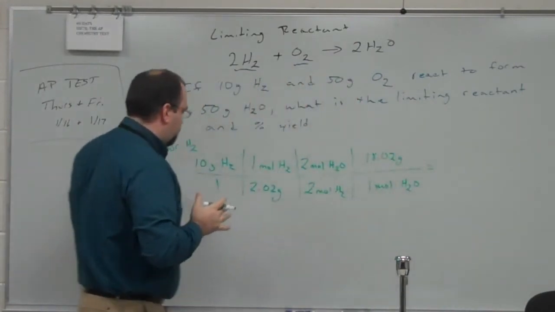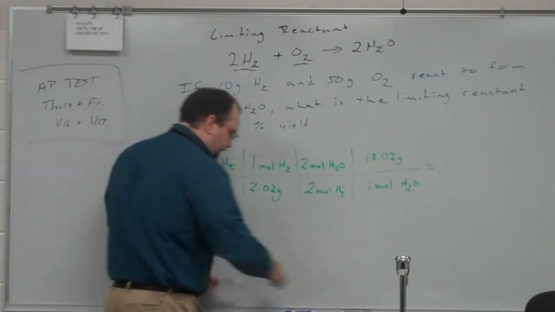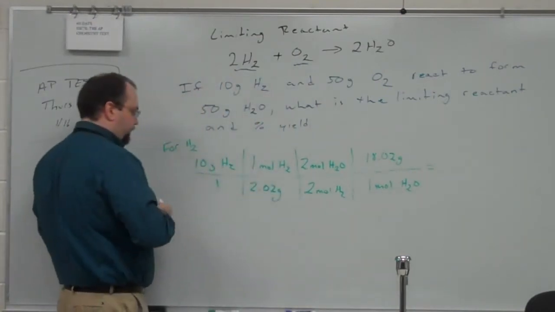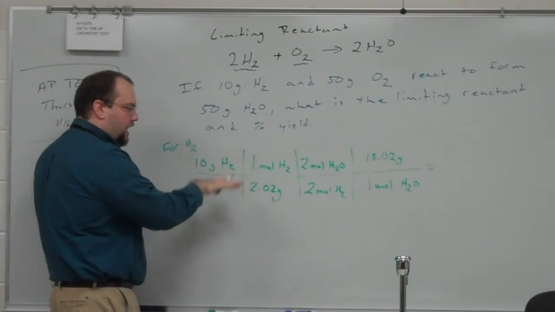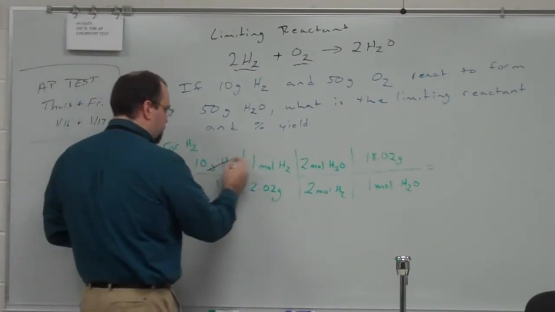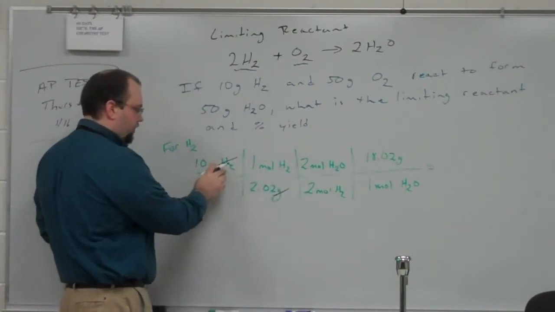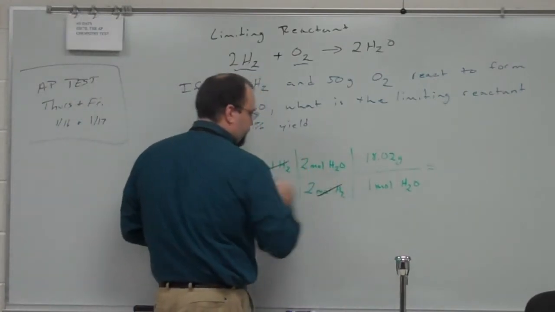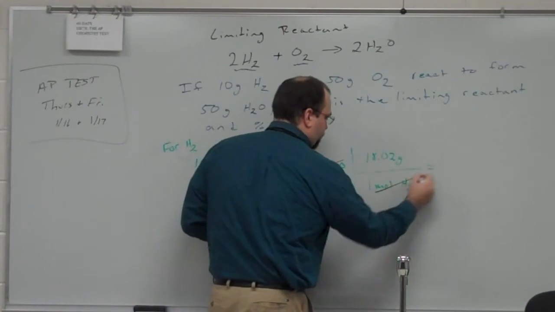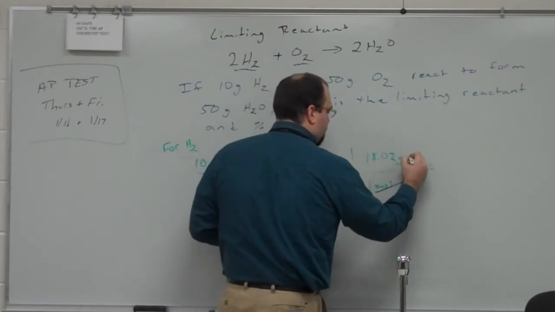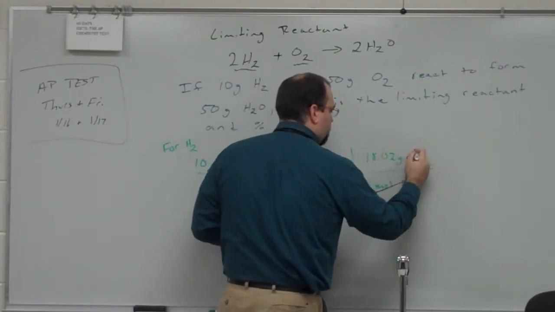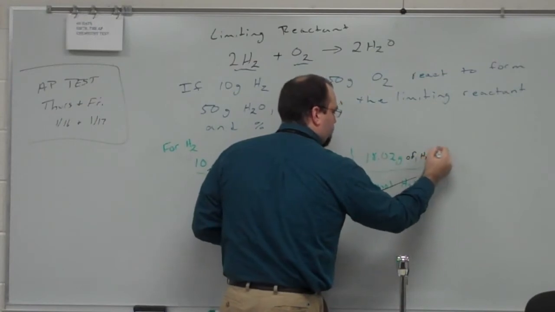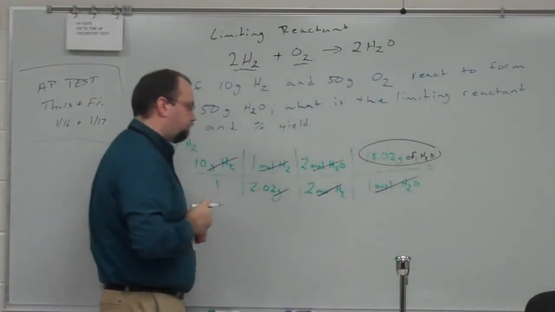So now I can double check my math. Let me grab my black marker here. I'm crossing out to make sure all my units cancel out. I've got grams of H2, grams of H2, moles of H2, moles of H2, moles of H2O, moles of H2O, and I'm left with grams of H2O.